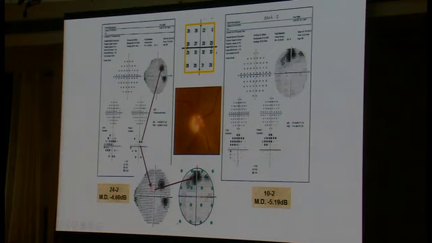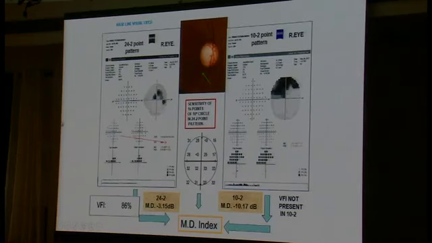This is another case. This black dot is representing this localized scotoma, because these are the points of 24-2. This is the 3-degree point, this is the 9-degree point, and this scotoma started between the points, and that is why we didn't appreciate the scotoma in 24-2. See, this patient has a mean deviation of -3 and the visual field index is 86%.